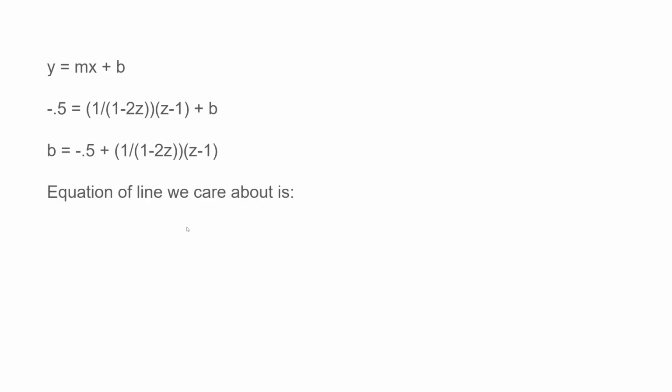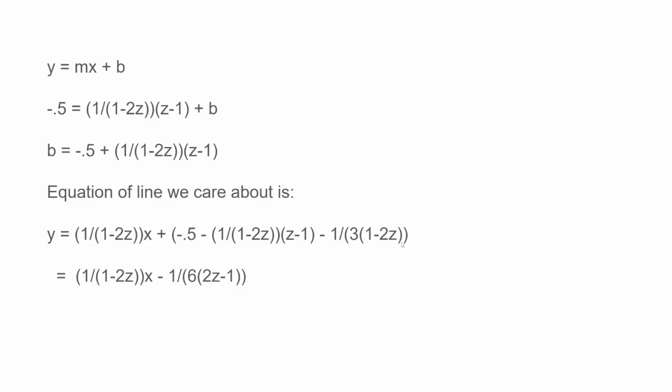The equation of the line I care about is basically y is the same slope because it's parallel, and then here I've got this exact same term b from what I just calculated minus that vertical offset that we just simplified. And it turns out that this will simplify a bit too, and this gives us a nice equation of this line.